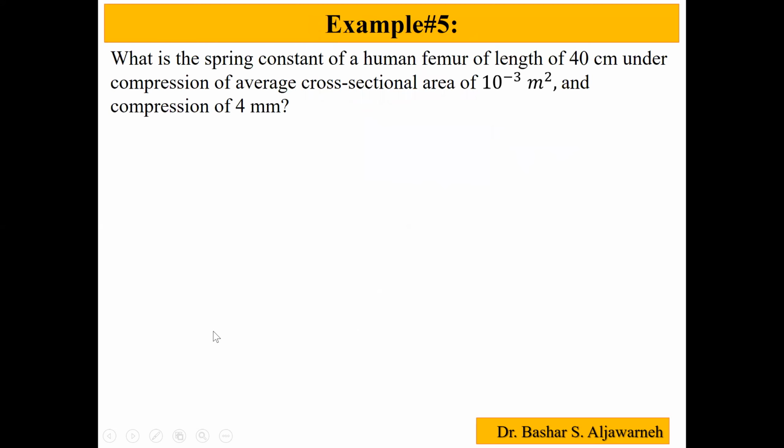What is the spring constant of a human femur of length 40 centimeter under compression of average cross-sectional area of 10 to the power minus 3 meters squared and compression of 4 millimeter? Okay, the spring constant K is A times Young modulus divided by the original length.